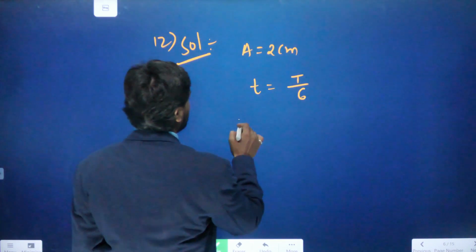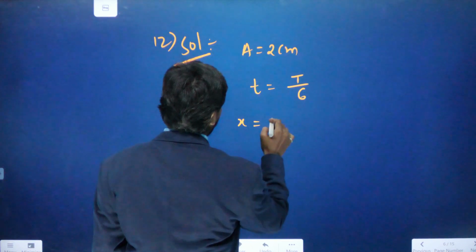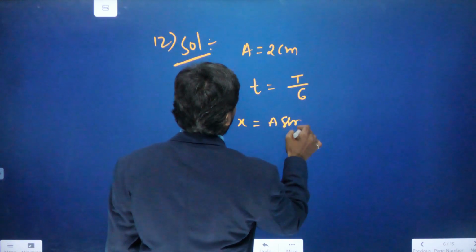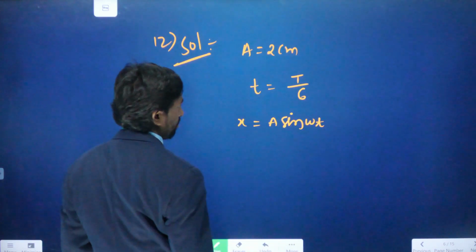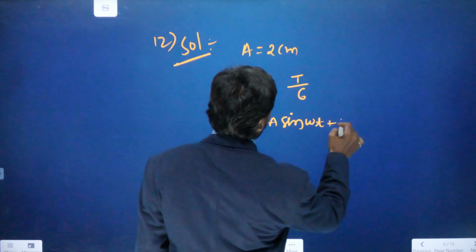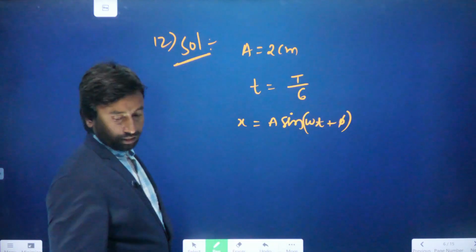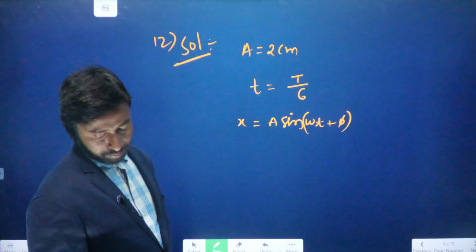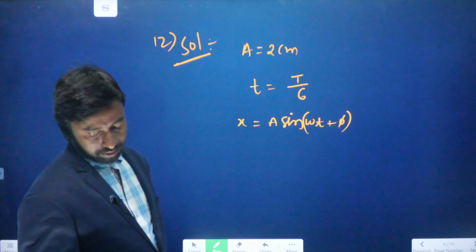So we can write x is equal to, or we can say y is equal to, a sin omega t plus phi, the general equation, no? Amplitude of oscillation of a particle that executes simple harmonic motion is 2 centimeters.